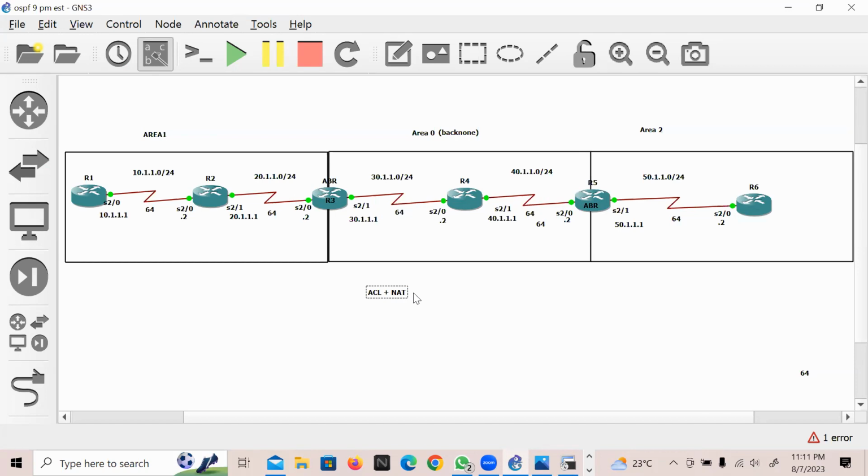Access control list means we control my traffic, and network address translation means I translate my private address into a public IP. So we will see how I can control my traffic by ACL and how we convert my private IP to a public IP. Because in OSPF, after some time, we need ACL and NAT. That's why I have to teach you this first.